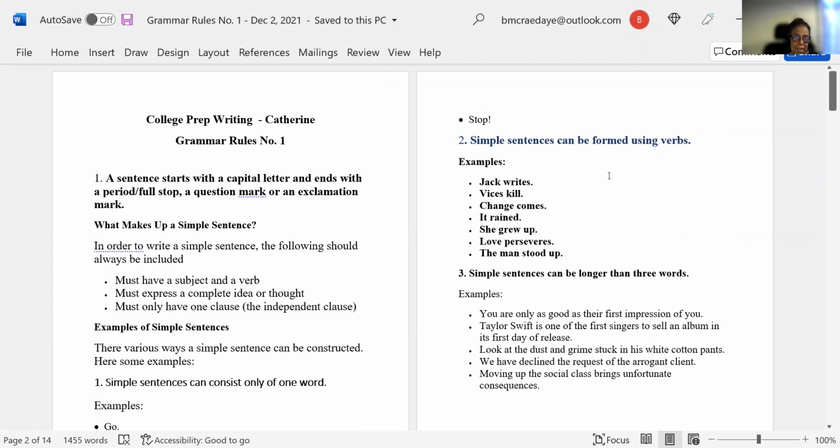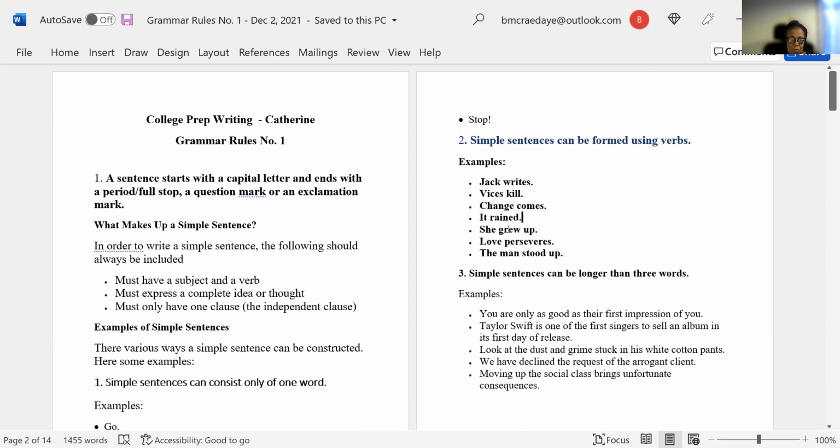Simple sentences can be formed also using verbs. Examples: Jack writes. The verb here is writes. Vices kill. Kill is the verb. Change comes. Comes is the verb, okay? It rained, rain being the verb.